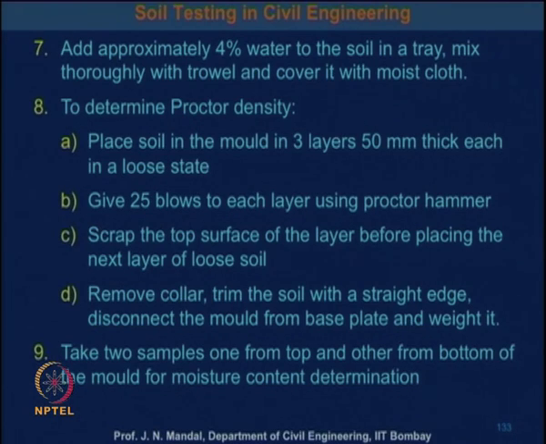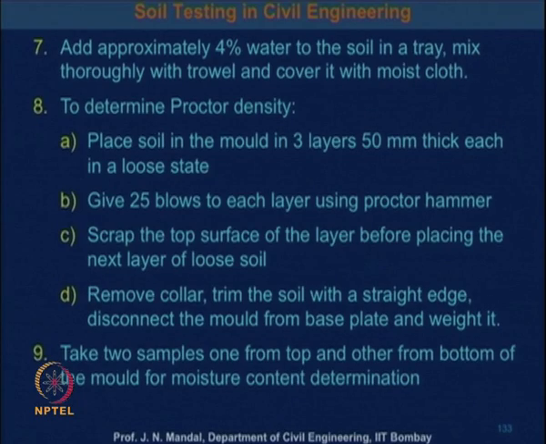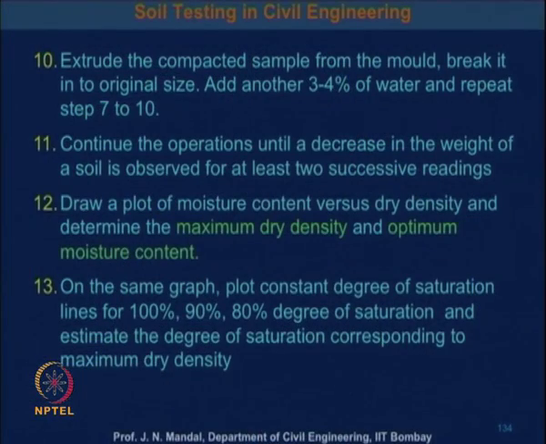Take 2 samples, one from the top and other from the bottom of the mold for the determination of the moisture content. Extrude the compacted sample from the mold, break it to the original size, add another 3 to 4% of water, and repeat steps 7 to 10.